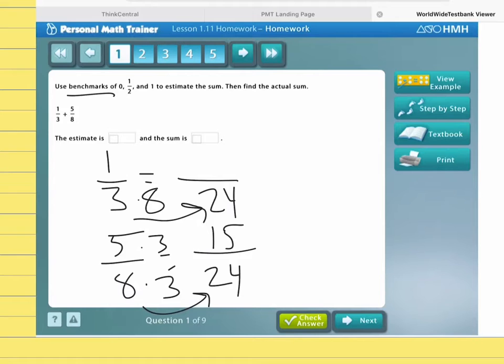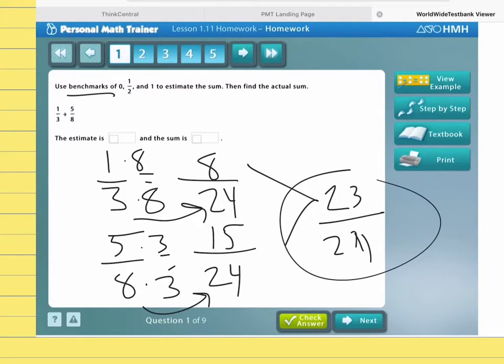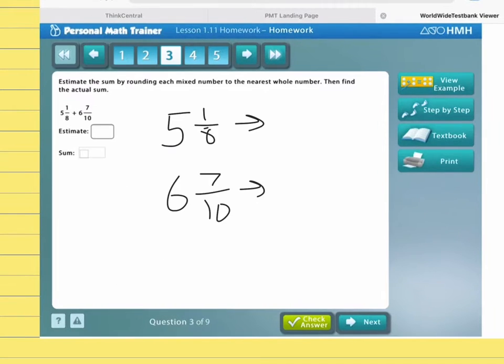And 1 times 8, 3 times 8, gives 8/24ths for 1/3. I'm going to add these two together, and I'm going to get 23/24ths. You can see that 23/24ths is very close to 1 whole because 24/24ths would be 1 whole. So my estimate is 1 and my actual answer is 23/24ths. So that is how we do it. It is a reasonable answer.